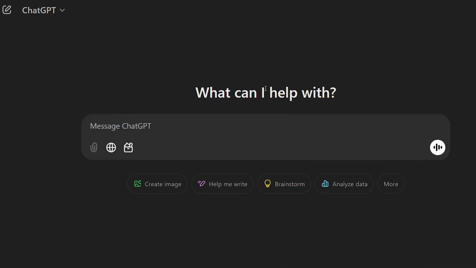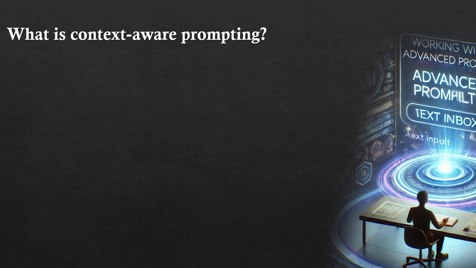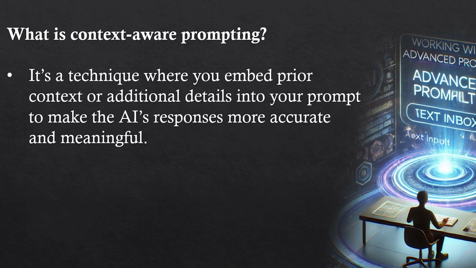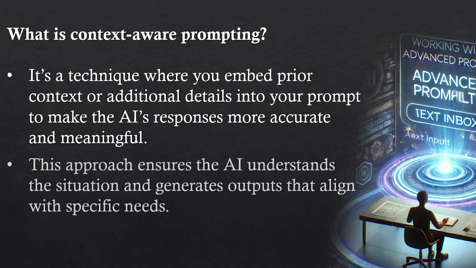Now let's explore context-aware prompting, a powerful strategy for tailoring AI responses using relevant background information. So what is context-aware prompting? It's a technique where you embed prior context or additional details into your prompt to make the AI response more accurate and meaningful.